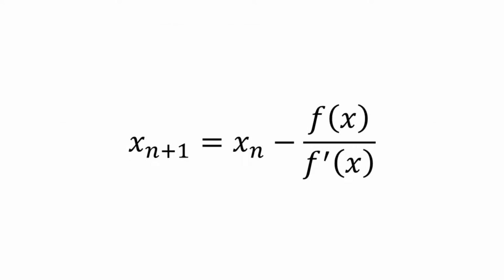So this is Newton's method. He says take your x, and that will equal x minus the original function over the derivative of that function. And then once you have that answer, you put that back into the x, and you keep repeating this process until you wind up with as many decimal places as you wish.